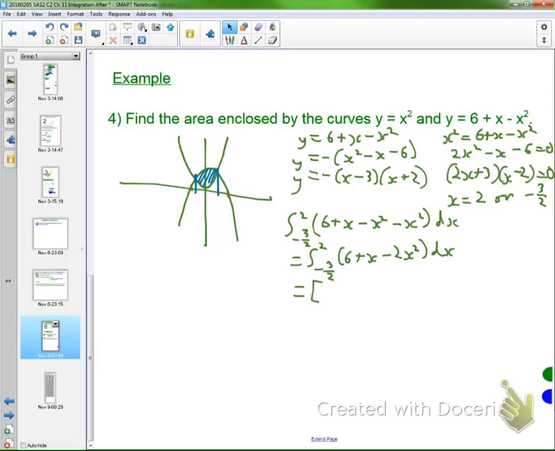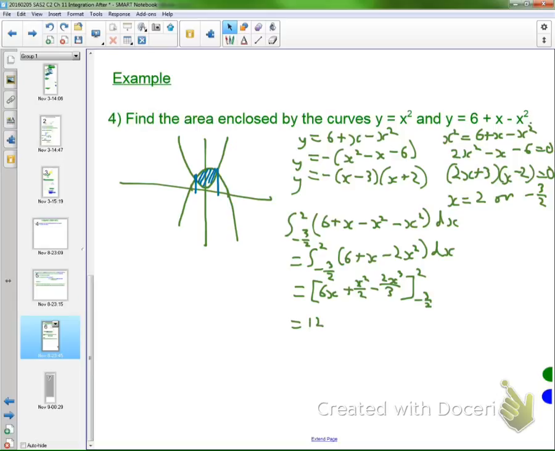So then actually integrating, we get 6x plus x squared over 2 subtract 2x cubed over 3, between negative 3 over 2 and 2, and then we can substitute in our values.